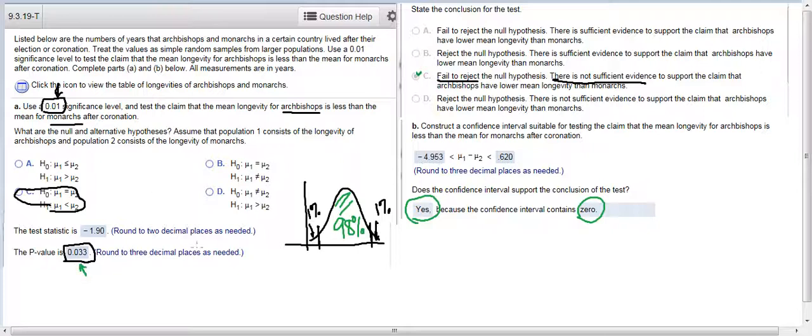It almost meets the standard we need to agree that archbishops have less longevity than a monarch, but this edge goes just above 0 by 0.6. It's not far, but since it does contain 0, it is possible that the difference between the average ages of monarchs and bishops could be 0. So it's possible that there is no difference between archbishops and monarchs.